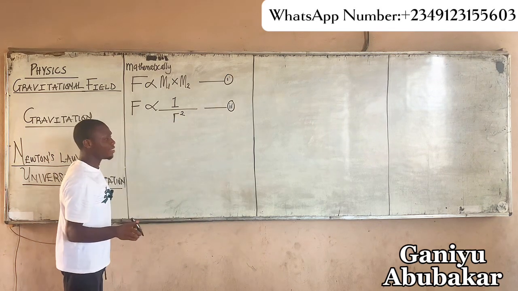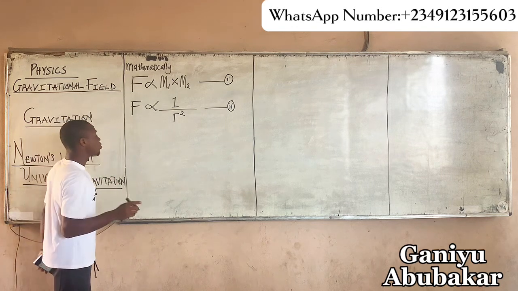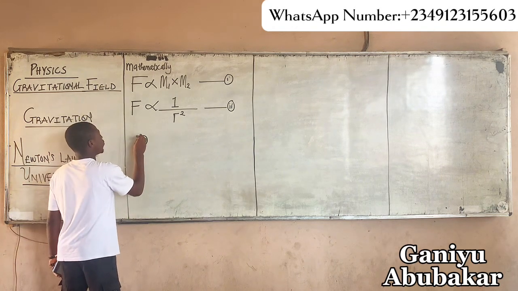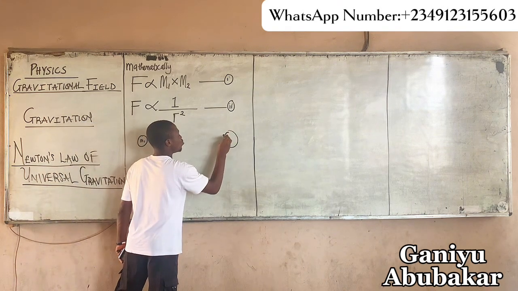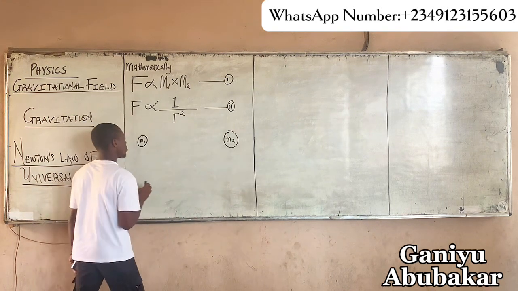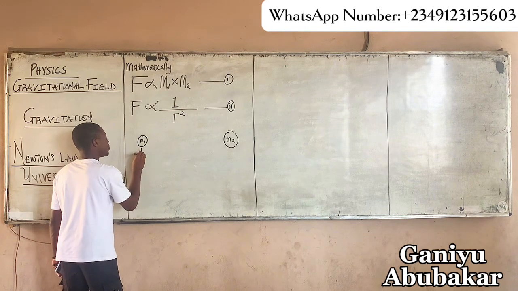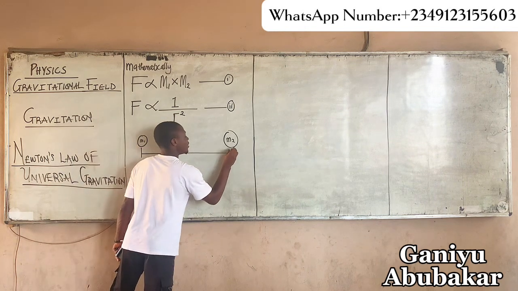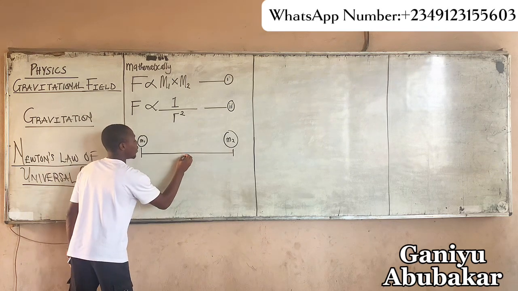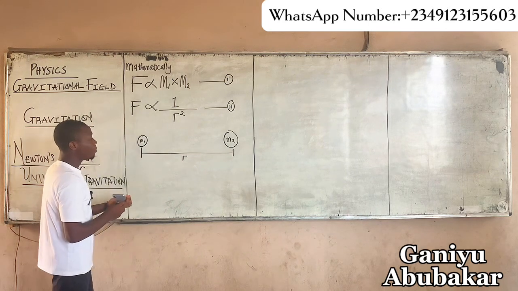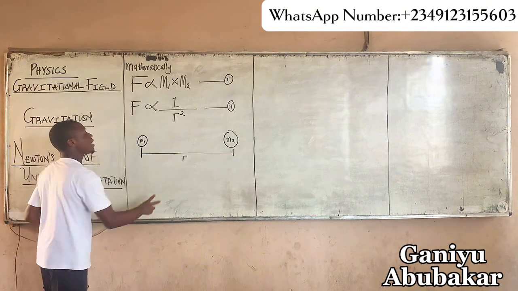In a broader sense, let's say I have m1, mass 1, and m2, mass 2, with the center of the mass here and the center of the mass here. The distance between the two masses is given by r, which is simply the distance apart.